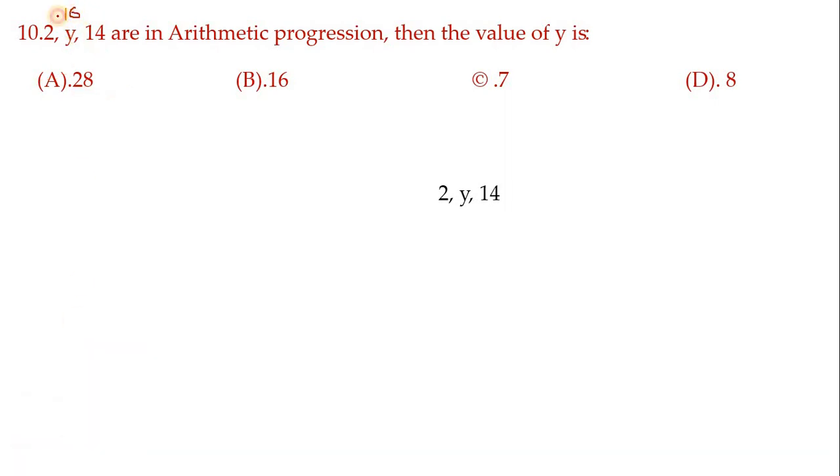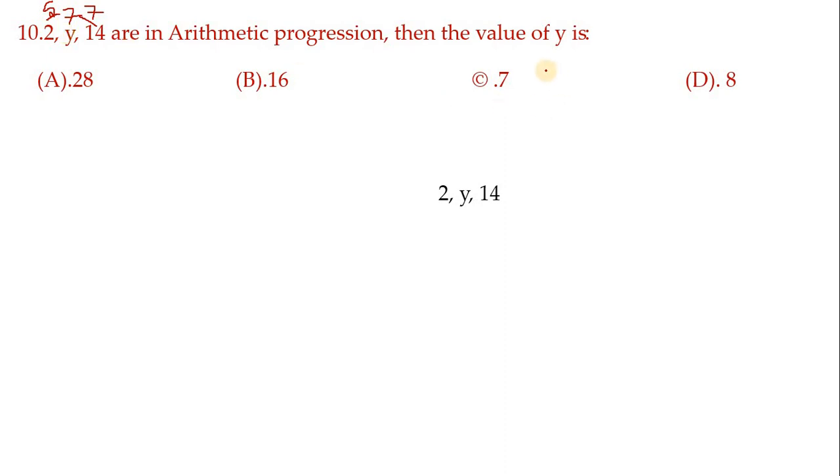It increases from 2 to 16, and again from 16 it decreases. So hence it cannot be possible. Next, 7. So if you write 7, there is an option, so it may be correct. See, it is increasing 2 to 7 and 7 to 14. But how much is it increasing? 2 to 7, 5 increasing. And 7 to 14, how much is it increasing? 7 increasing. So the common difference is not the same.